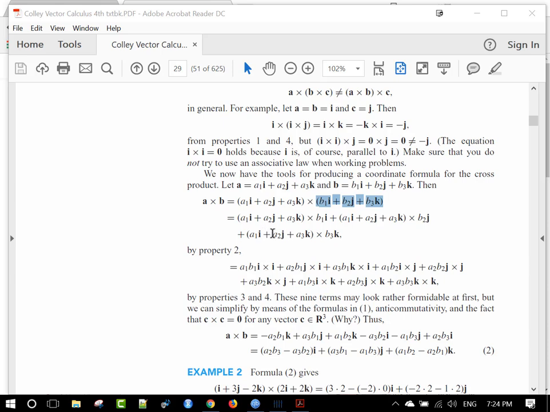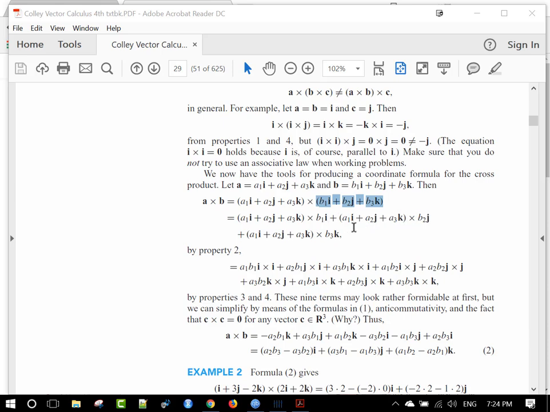They're going to pick out the B1 cross this whole thing. So that's actually the one that I think was number 3 in the properties list. So anyway, it's B1 times this whole thing, and then B2J times this whole thing, and then B3K times this whole thing. So they have that.